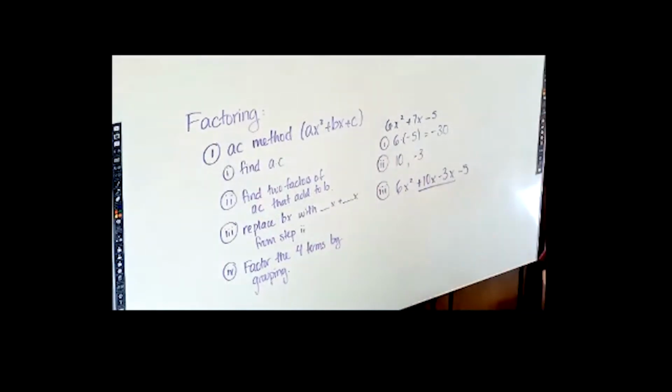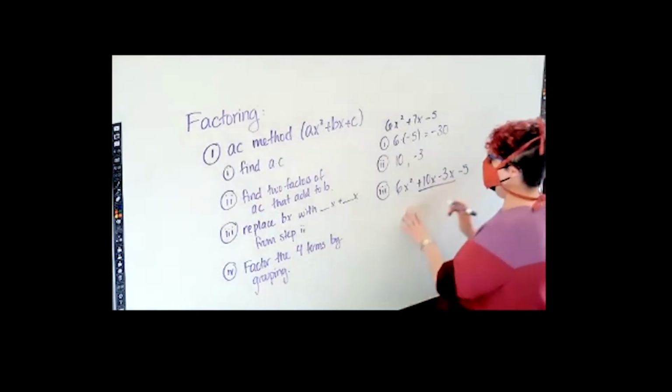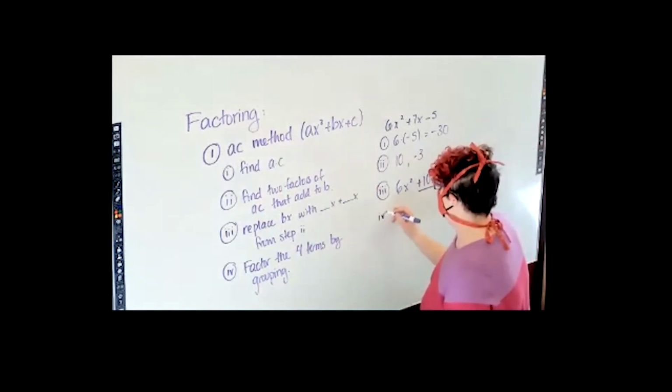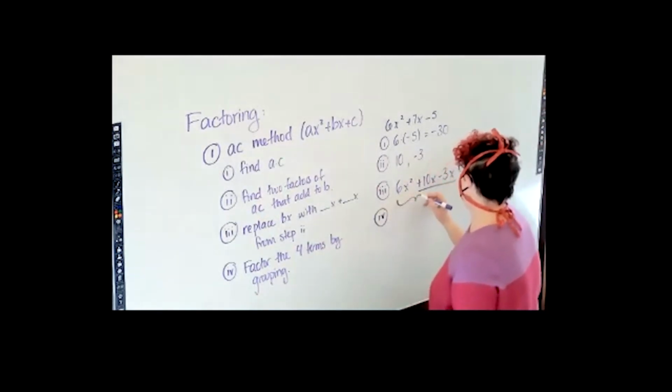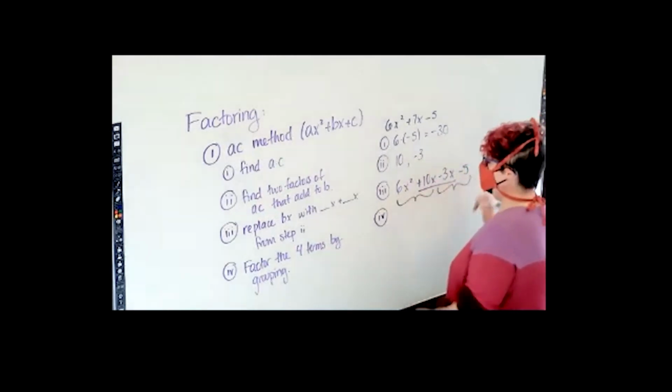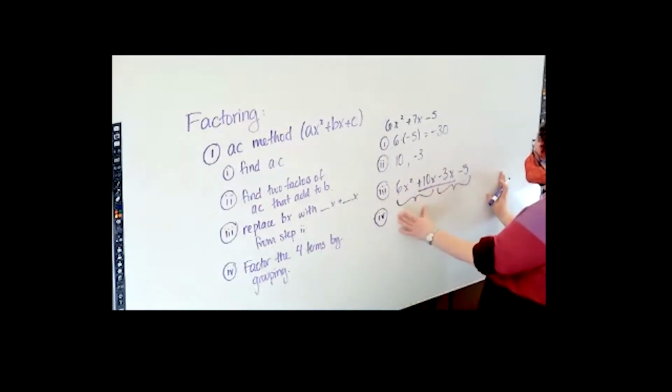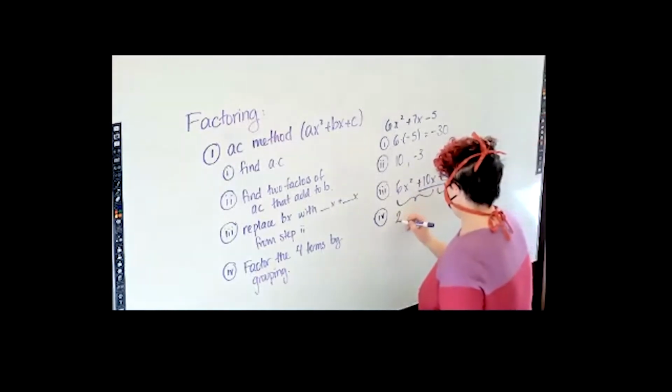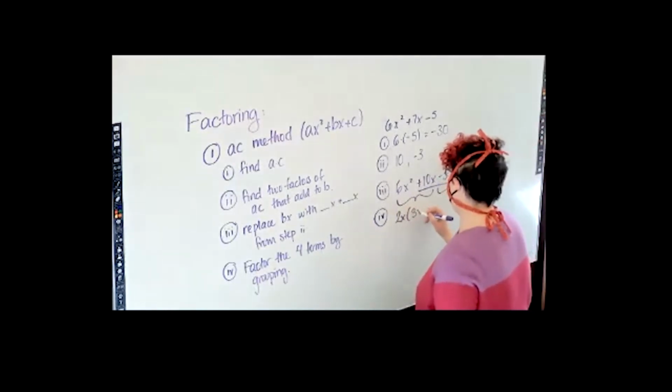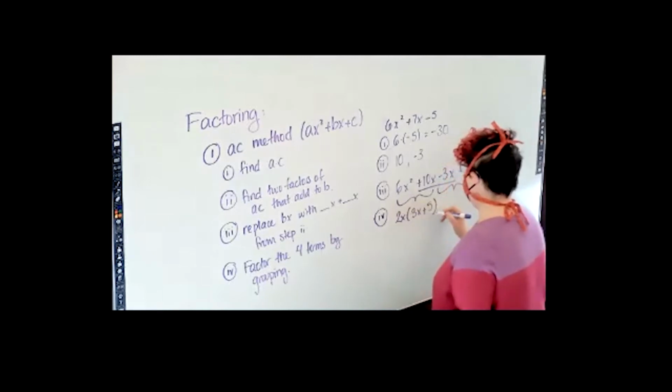I'm going to demonstrate what that looks like, and then we're gonna talk about what the steps I did were. Factoring by grouping, you look at 2 separate groups and factor them individually. So if I were factoring 6x squared plus 10x, I would take out 2x and be left with 3x plus 5.